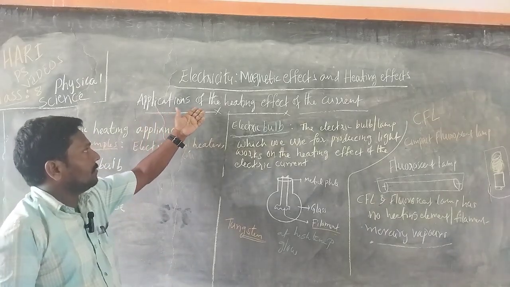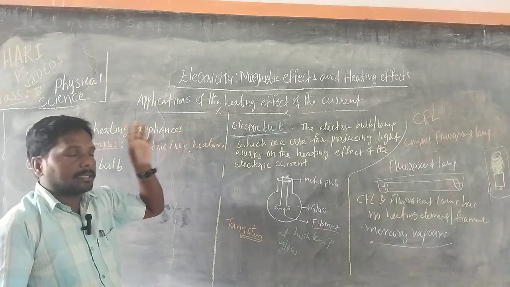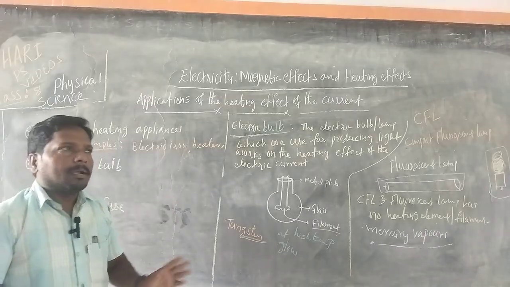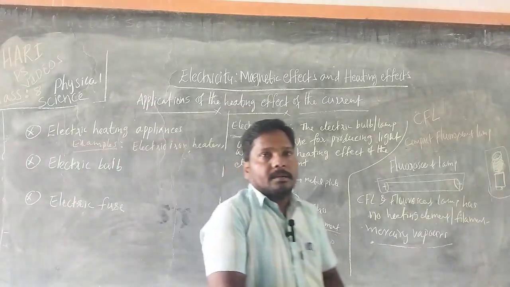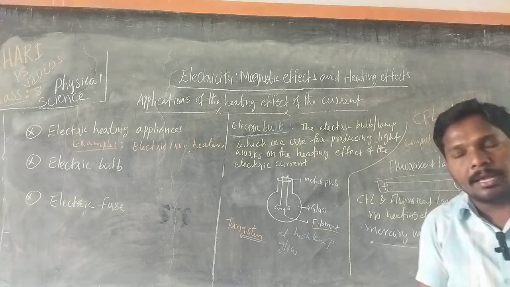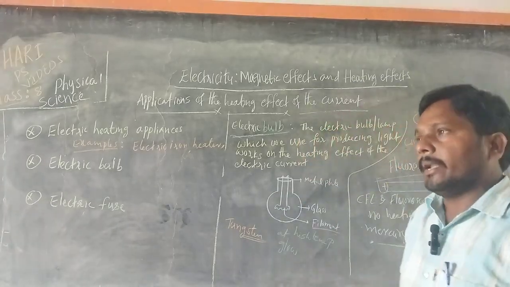So this is about the second application of the heating effect of electric current. Before, we discussed the electric iron and electric heater, now we discuss the electric bulb. Nowadays we are using LED bulbs, right? Light emitting diodes also consume less electrical energy and give us light.